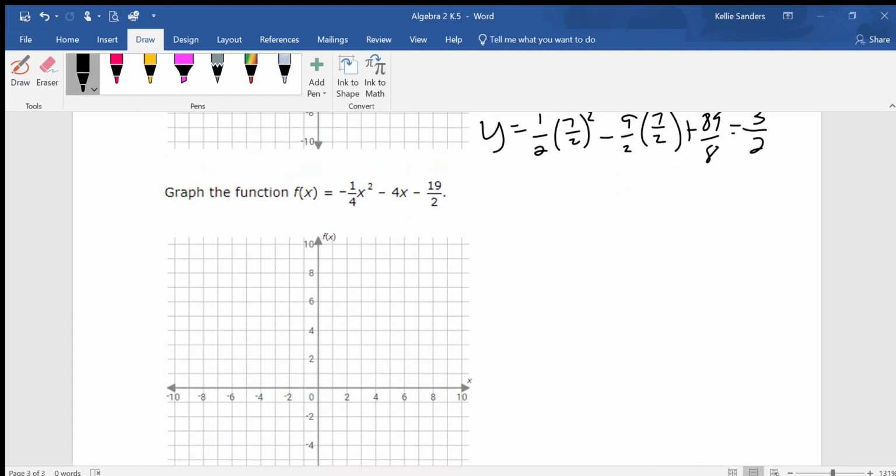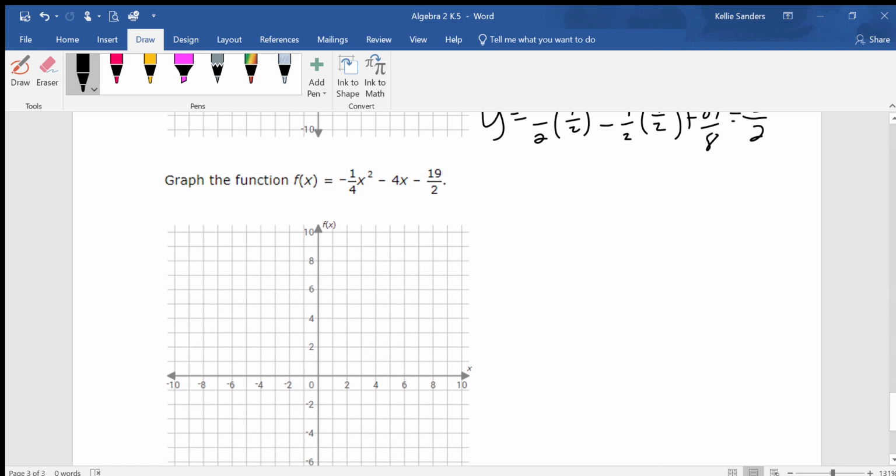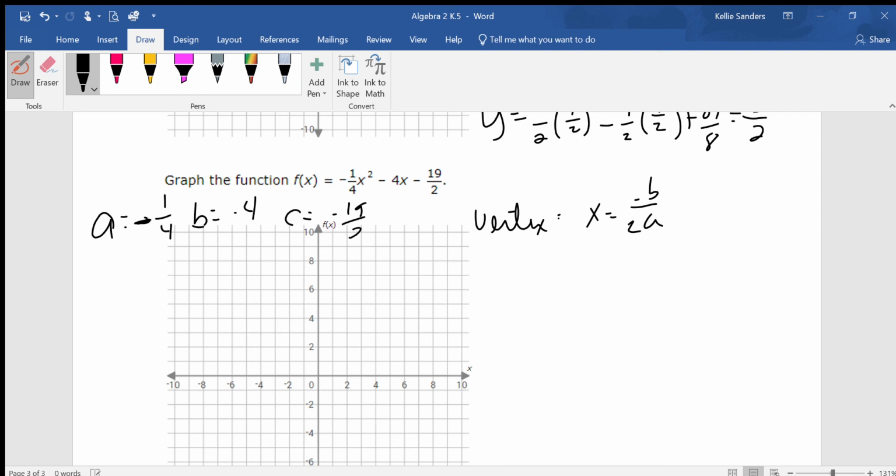If you can bear with me. Same thing, we have to find the vertex. X equals opposite B over 2A. Well, we need to know A and B and C first. Negative 1 over 4. Negative 4. Negative 19 over 2.